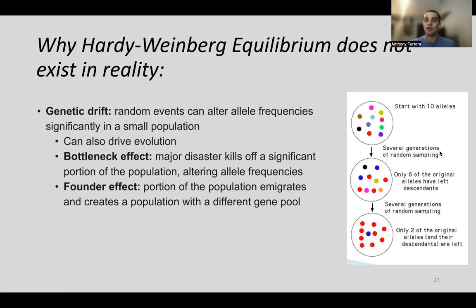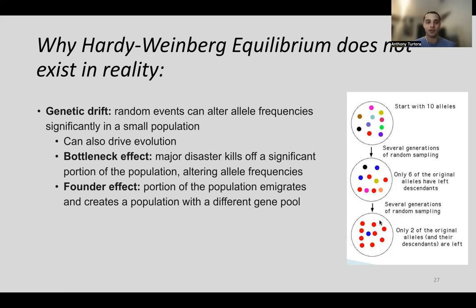After a lot of generations, we now only have 6 of the original alleles left. And then after even more generations, we only have 2 left. And this is just because we have a very small population, so it is likely that only a few alleles reproduce. And eventually you get smaller and smaller numbers of alleles left in your population.